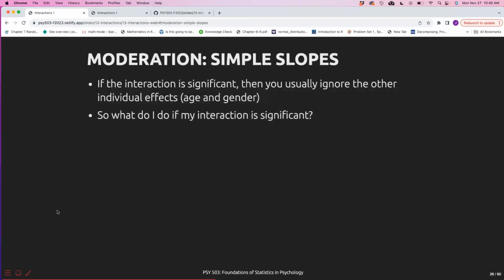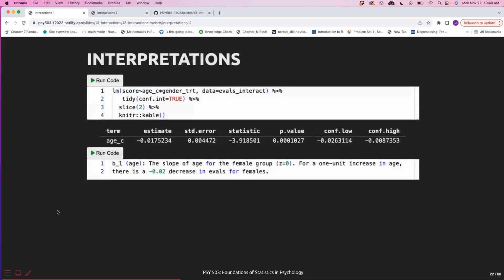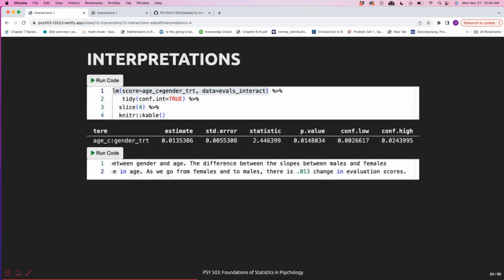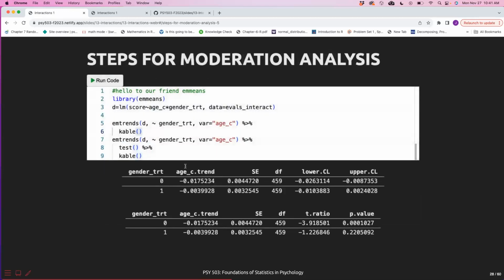So if we go back to our model here, this is the slope for females. So we kind of get that for free. What we don't get is the male slope. We could do some math here and get the male slope: we would take this estimate and add that to the interaction estimate, and we would basically get this value here, this negative 0.003. So this is the slope for males.